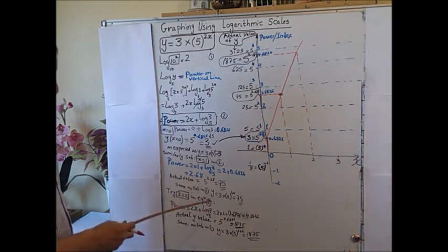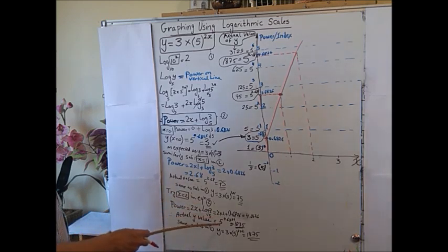Here it's done again; substituting x equals 2, we get the value 4.6826. And the actual value is 5 to the power 4.6826, which gives you 1875.